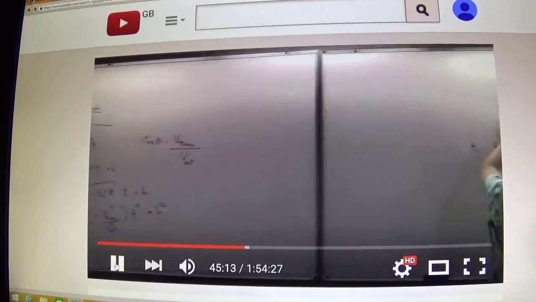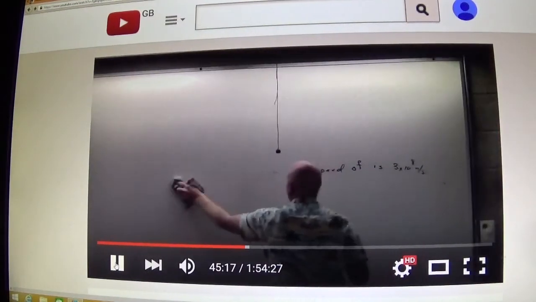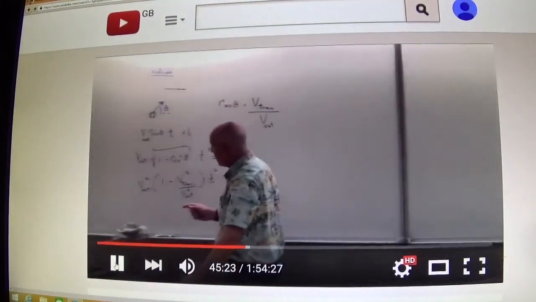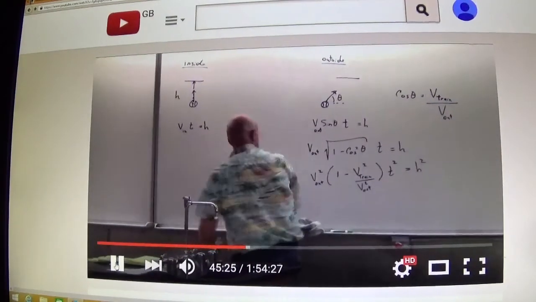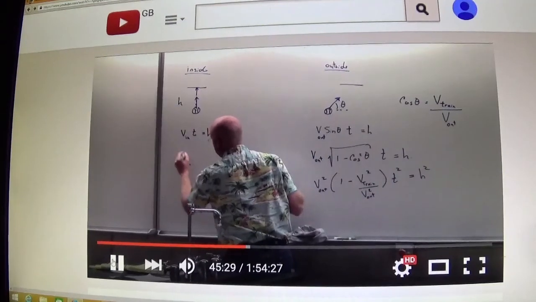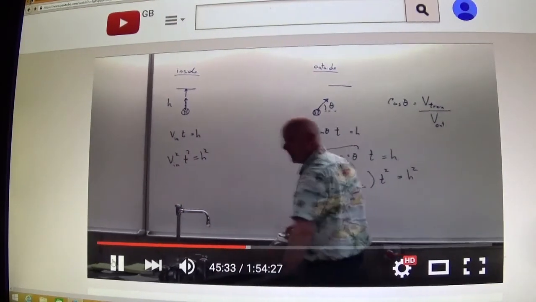All right, well, let's keep going, because even though we didn't do this directly in Physics 121, we really did do it indirectly. We then said, well, here's h, and here's an h. Let me square that. So this would be velocity on the inside squared, time squared is equal to h squared.